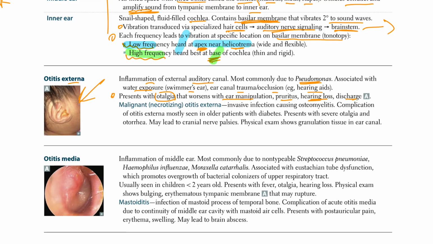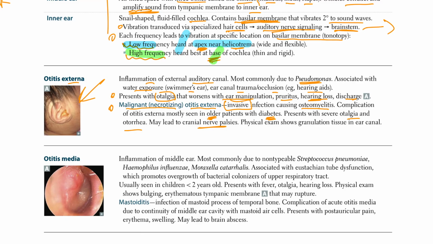Then with otitis externa, you get something called malignant necrotizing otitis externa. As the name suggests, it's a malignant necrotizing externa, right? So it is an invasive infection causing osteomyelitis. A complication of otitis externa, mostly seen in older patients with diabetes, presenting with severe otalgia, anorexia, and may lead to cranial nerve palsies.